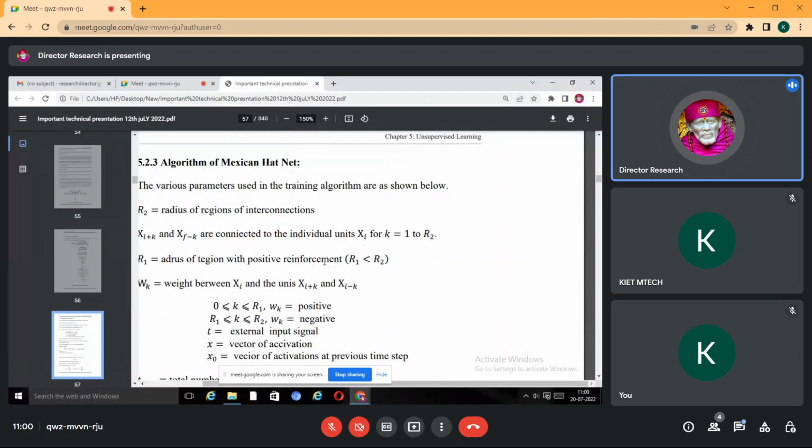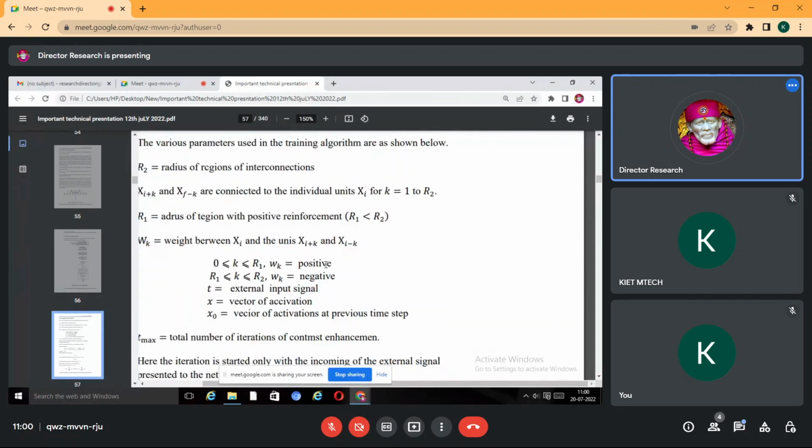Algorithm of Mexican hat net. See the algorithm. The various parameters used in the training of the connection: Xi plus k and Xi minus k are interconnected individual nodes. R1 less than R2 is one of the conditions.